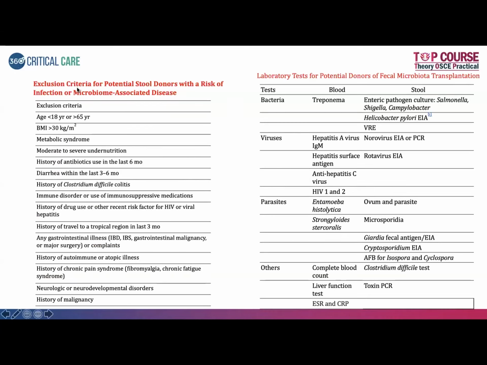These are the various criteria and the lab tests that should be done for the donor. The potential exclusion criteria for the donors include age less than 18, obese person with BMI more than 30, person who has a metabolic syndrome, undernourished person, donor who has had diarrhea within the last 3 to 6 months, history of C. diff infection, immunosuppressive agents, a history of drug use or recent risk factor to HIV or viral hepatitis, history of travel to tropical regions, irritable bowel syndrome or disease, or gastrointestinal malignancy, major surgery, any autoimmune or atopic illness, chronic pain syndrome, any neurological or neurodevelopmental disorders, malignancy.